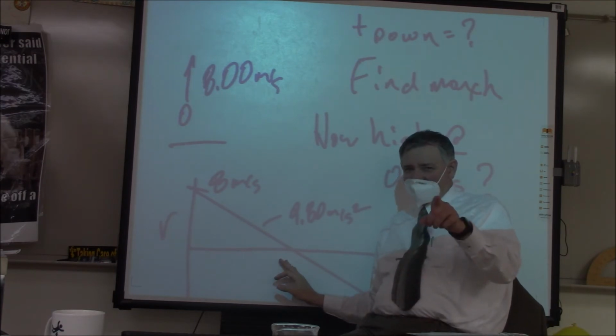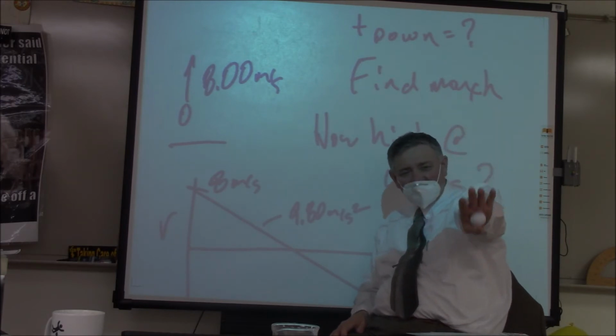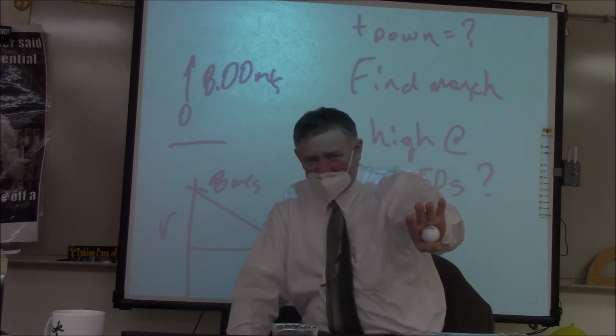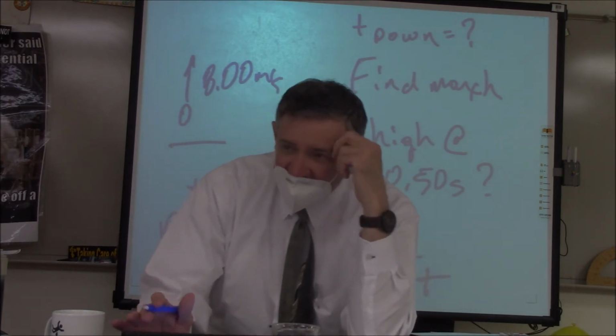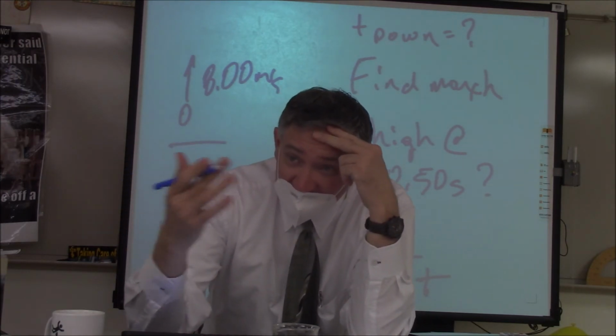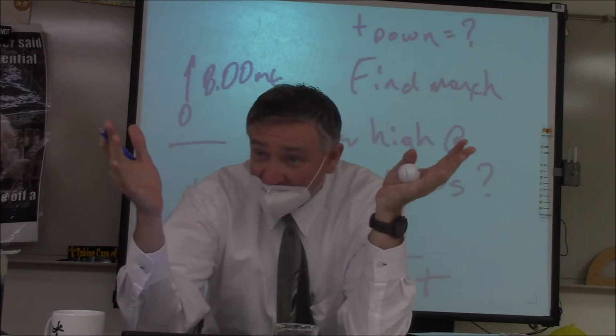I'm just a bit slow. It's early. I know. That's why we walked you through this. So, I know my time up is going to be less than a second because my initial velocity is less than 9.8 meters per second. So don't lose track of what we've already learned.